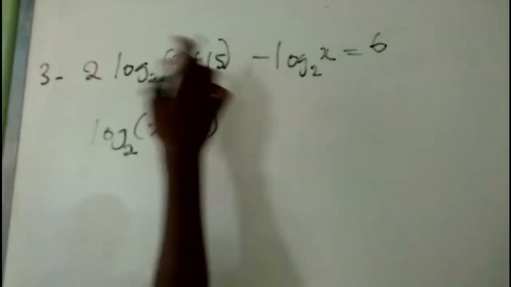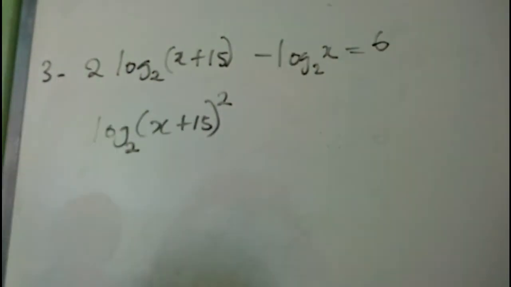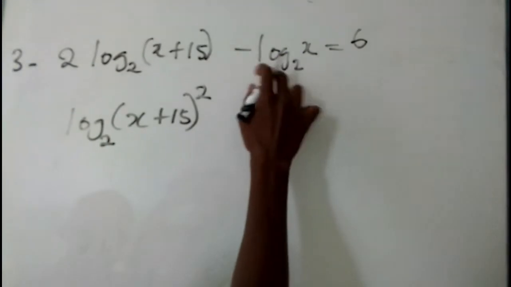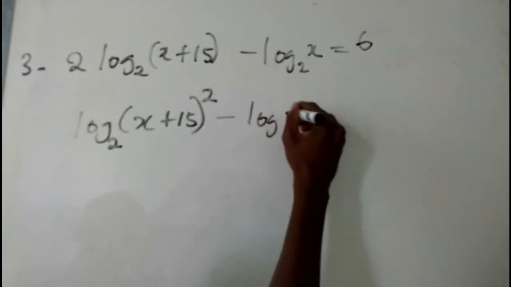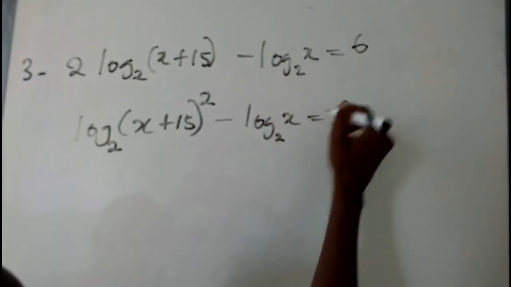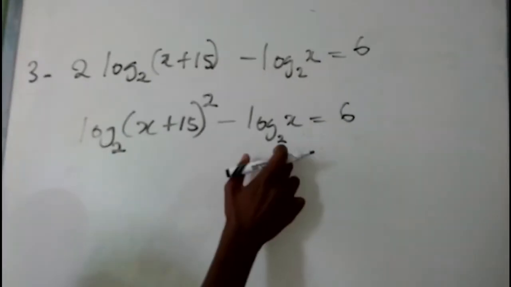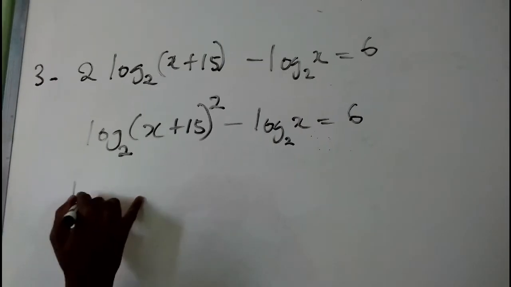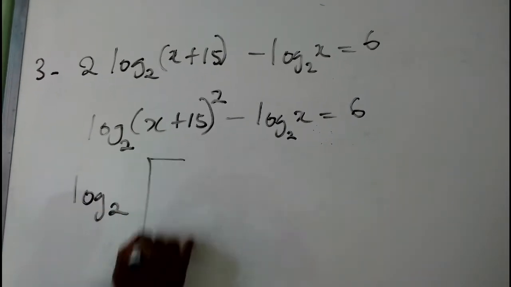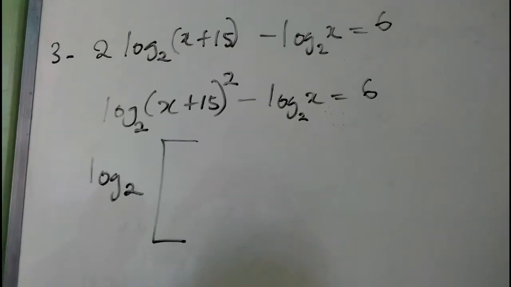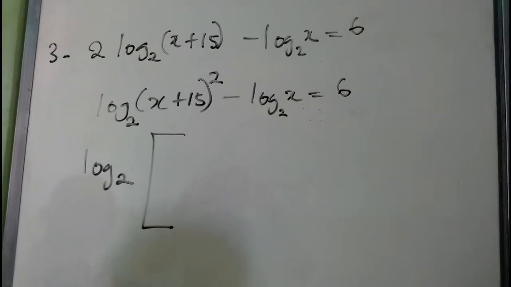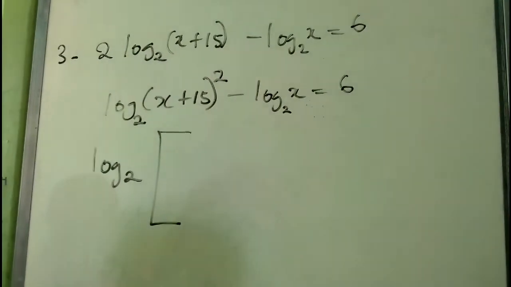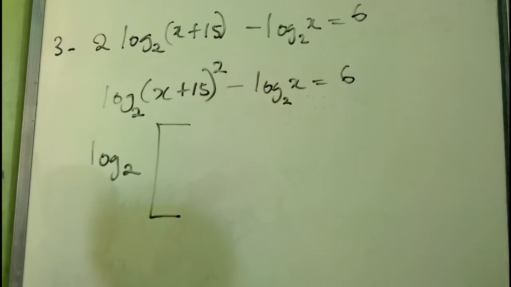We are going to raise this to the power of 2, since the coefficient is 2. So we have minus log of x in base 2 being equal to 6. Since these two are of the same base, base 2, and remember, on the second law of logarithms, log a minus log b gives log of a over b.